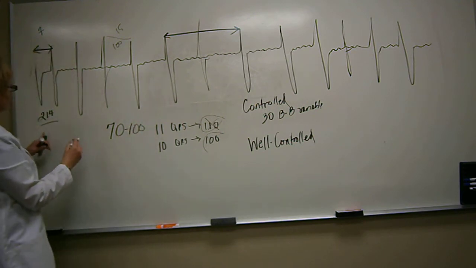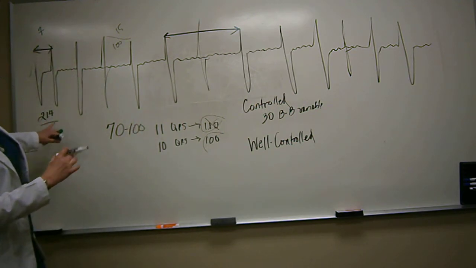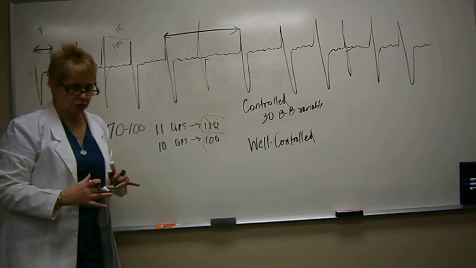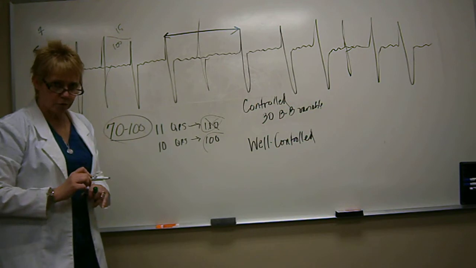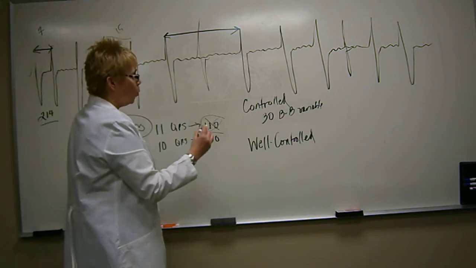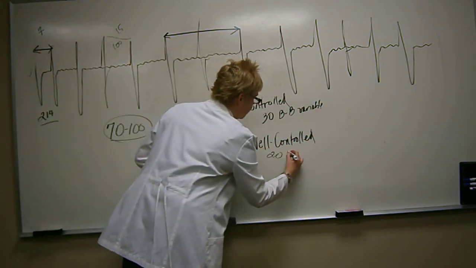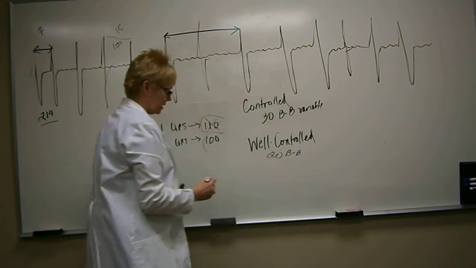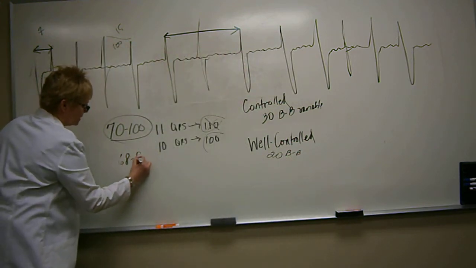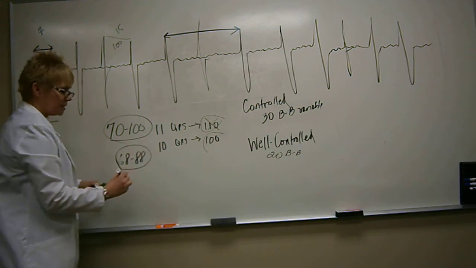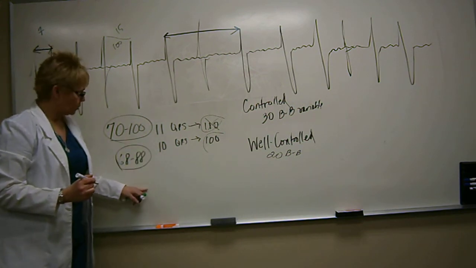So instead of calling the doctor and giving a range of, what was it, 38 to 214, you want the range you give to a physician to be within 30, okay? A well-controlled is 20 beat-to-beat variability. So let's say you have a patient at 68 to 88. This is a very well-controlled atrial fibrillation.